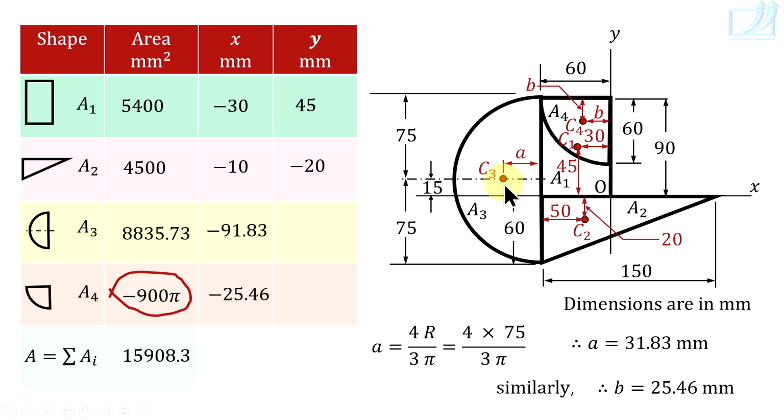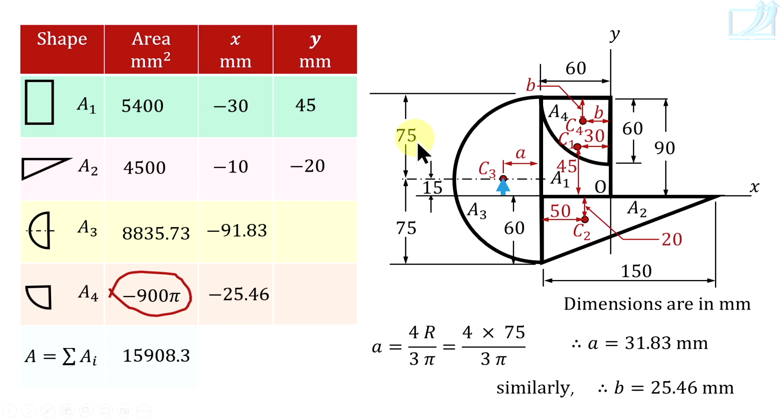Vertical distance of C3 from the x-axis. Now C3 is above the x-axis, so the y-coordinate is positive. But what is that distance? It is 15. 15, of course. Height of the rectangle, this height is 90 millimeters. So 90 minus 75, that is 15.